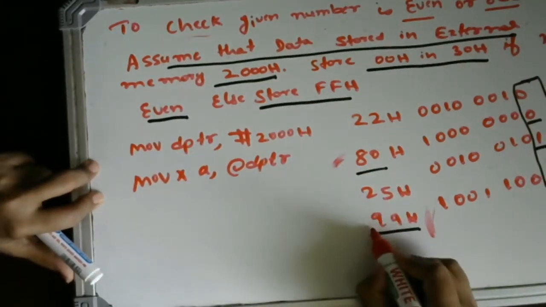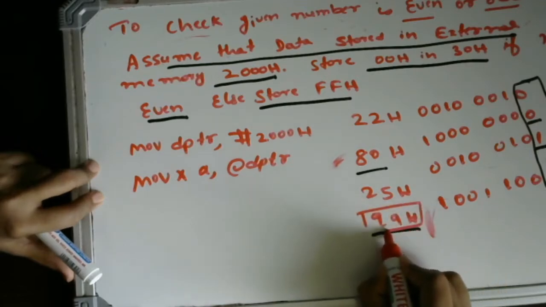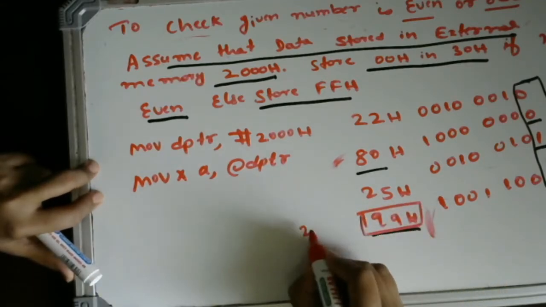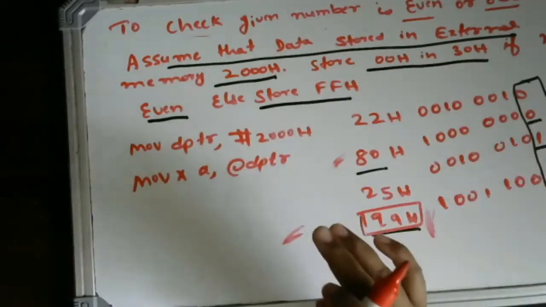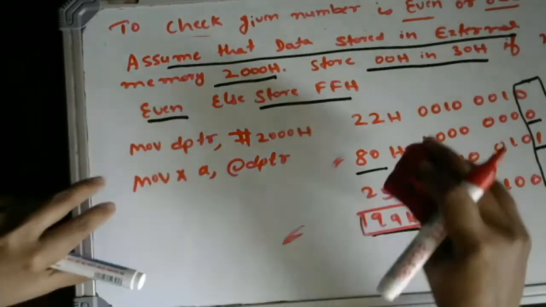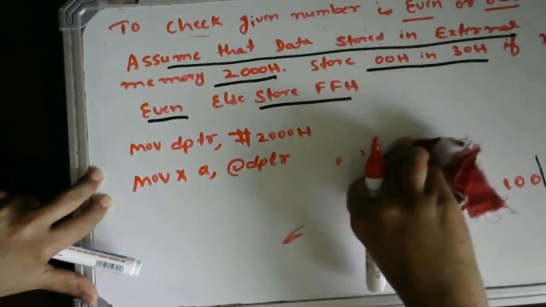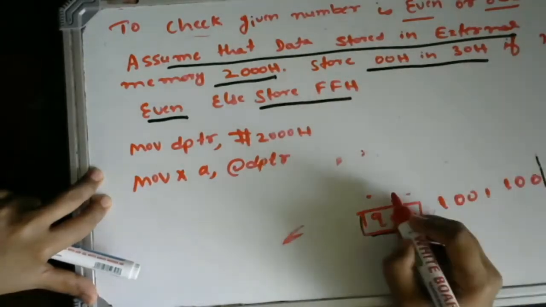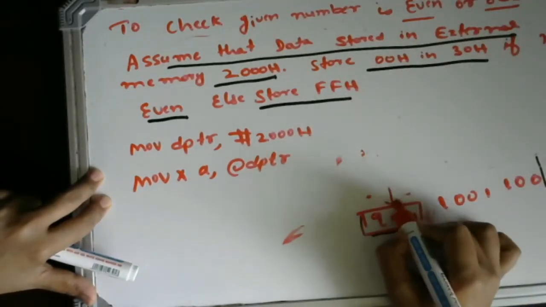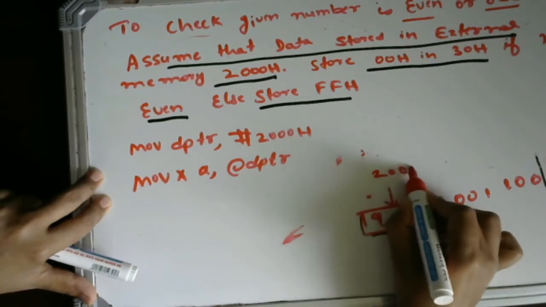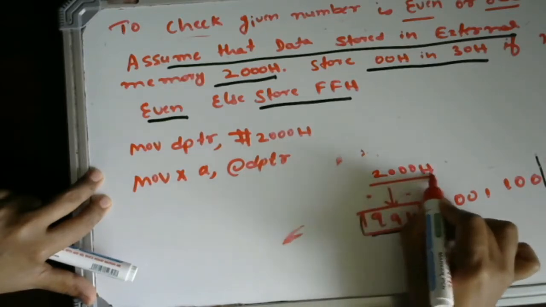Let us take the example 99H, stored in the 2000H location.